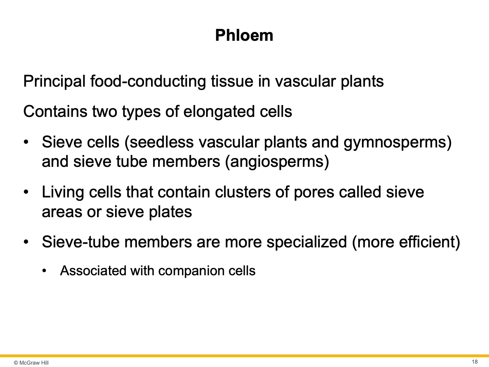Both of these cells contain clusters of pores known as sieve areas. Because the cell wall resembles a sieve, they are called sieve areas. Sieve areas are more abundant in the overlapping ends of the cells and connect the protoplasts of adjacent sieve cells and sieve tube members. These sieve areas are also called sieve plates.